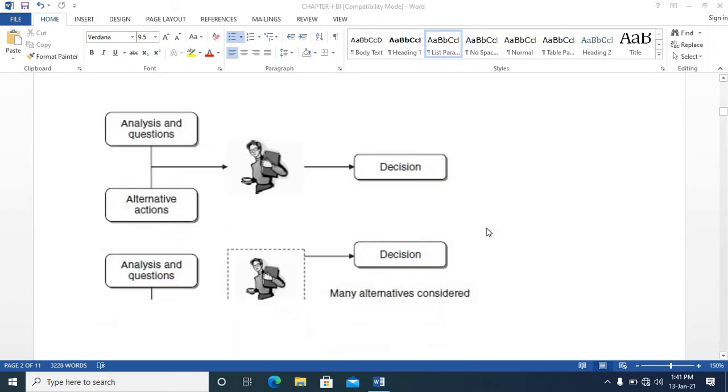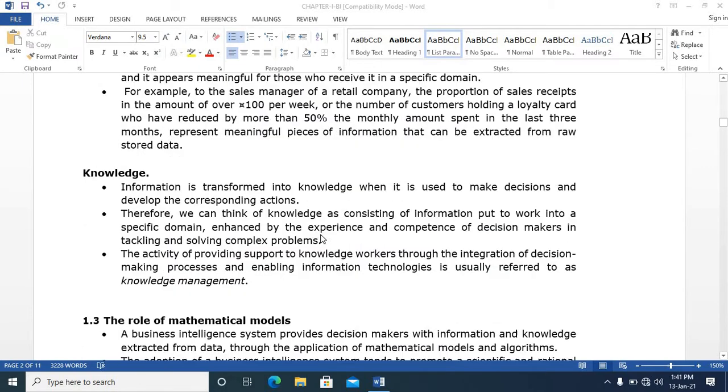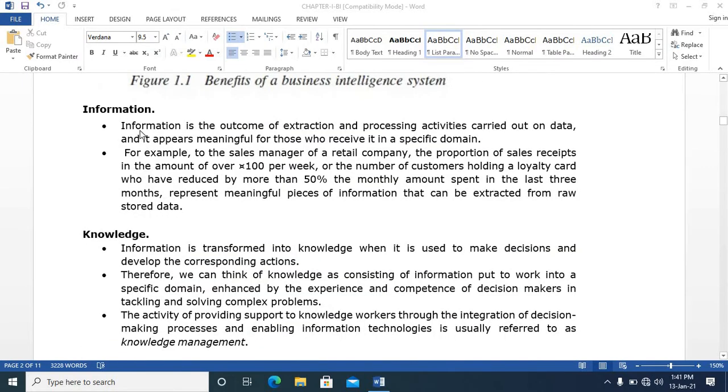Okay, so next, information. Information is the outcome of extraction and processing activities carried out on data, and it appears meaningful for those who receive it in a specific domain.